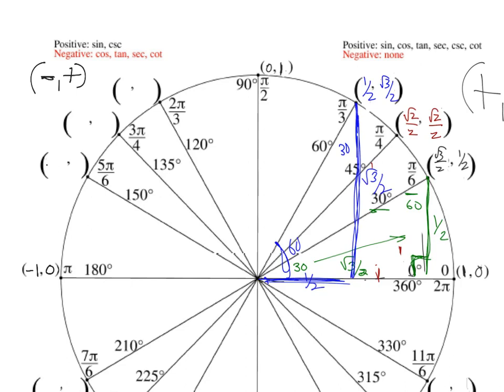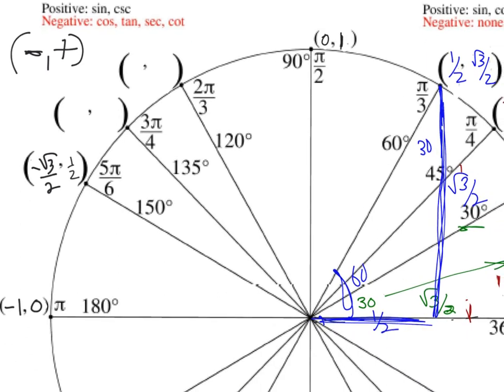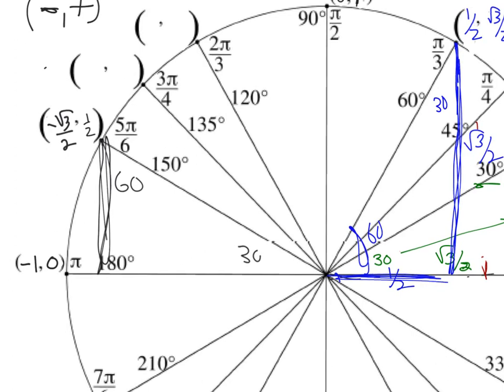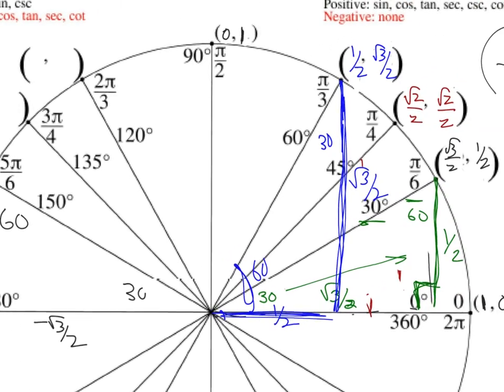So then 30, this becomes negative square root of 3 over 2, 1/2. So everything kind of anchors back to my horizontal axis. So this becomes 30, this becomes 60, all right? So 30, 60, 90, so this becomes positive 1/2, negative square root of 3 over 2. Okay, so they go across from each other.